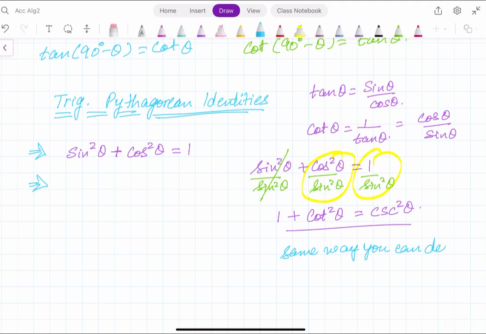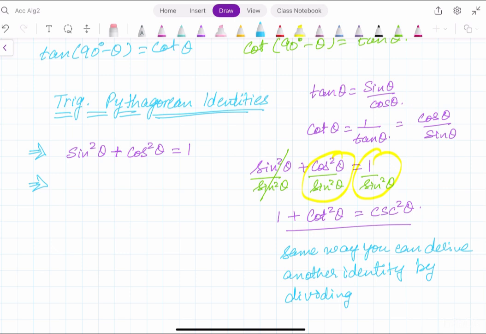In this case we did division by sine squared theta, right? Another identity can be found by dividing by cos squared theta.